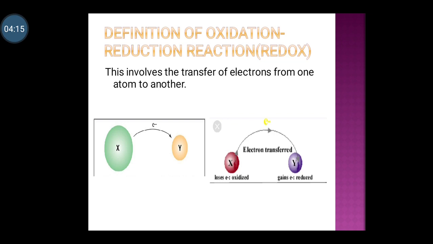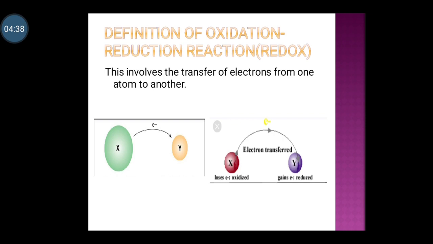Now, let me remind you that an atom contains three subparticles, which are protons, neutrons, and electrons. The protons and neutrons are in the nucleus of the atom.